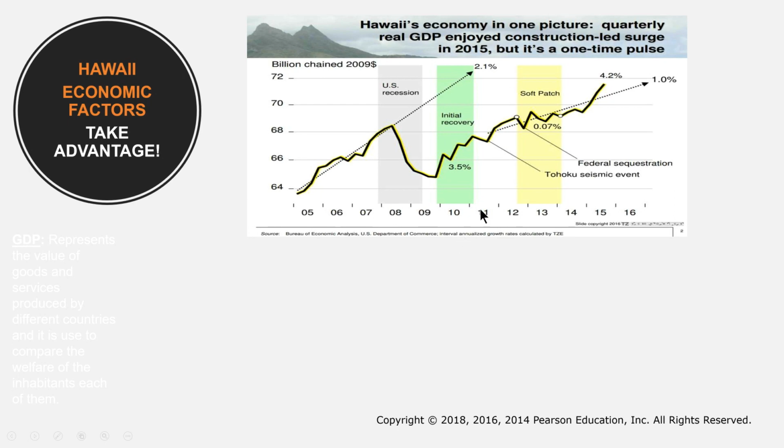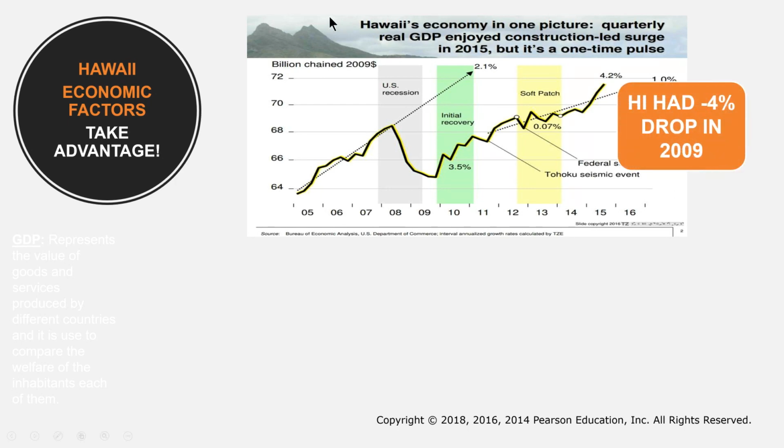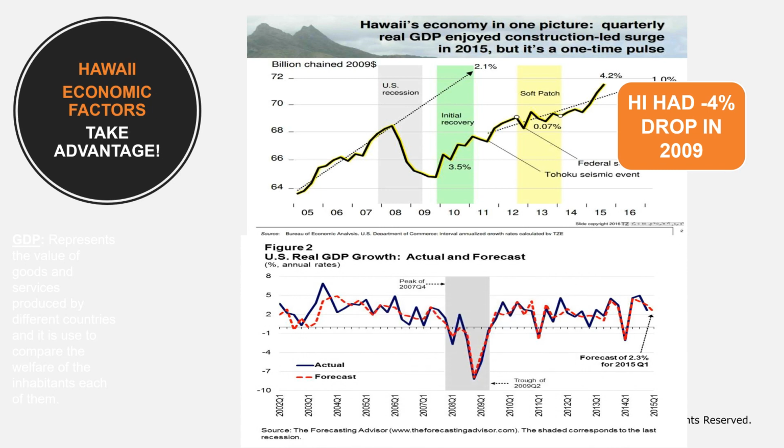Most of the mainland took a longer time to recover, and our GDP actually dropped by 4% in 2009. But I want to show you how much it dropped on the mainland. It actually dropped by 9%.